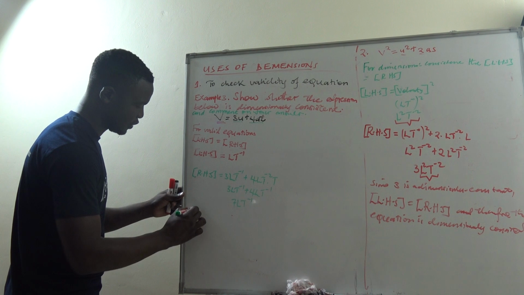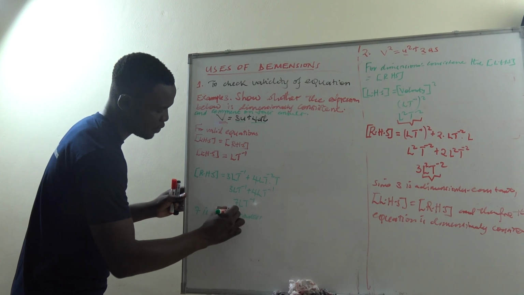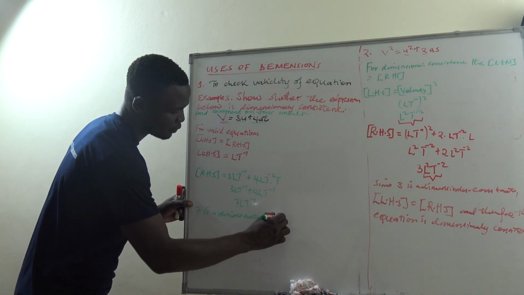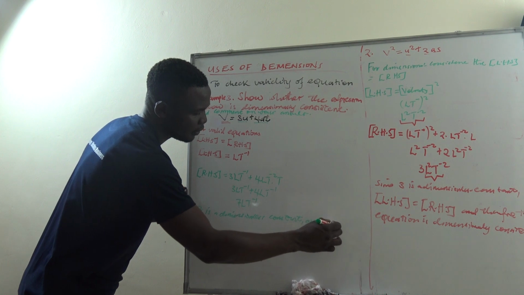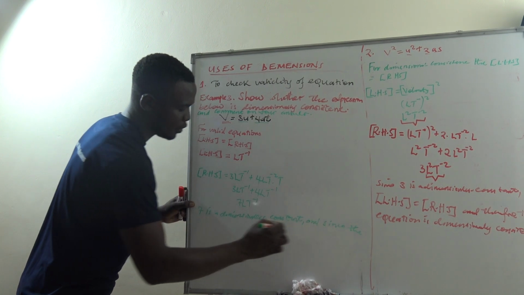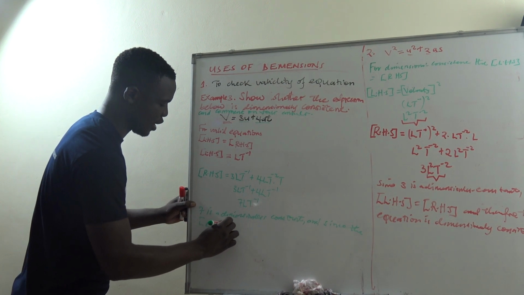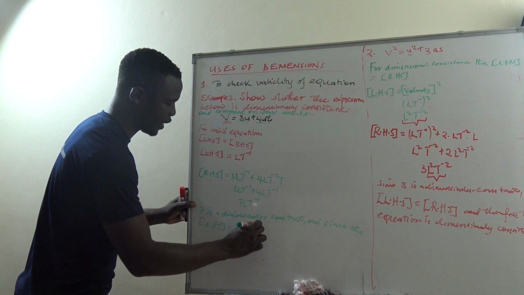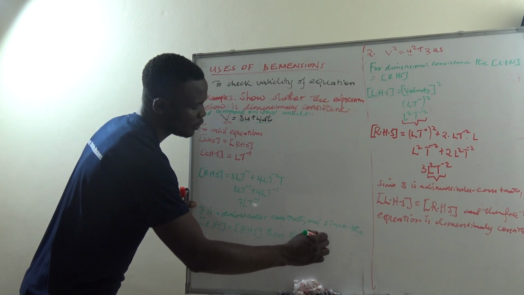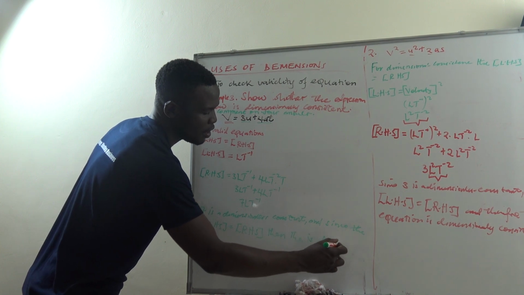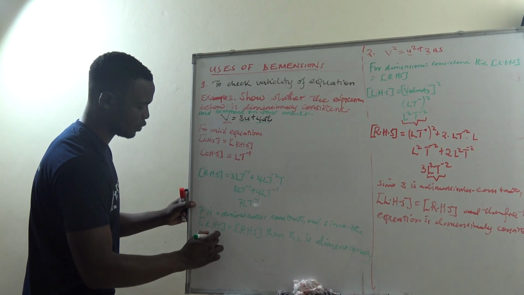So we're going to say that they are dimensionless constants, and since the dimensions on the left hand side are equal to the dimensions on the right hand side, then the equation is dimensionally consistent.